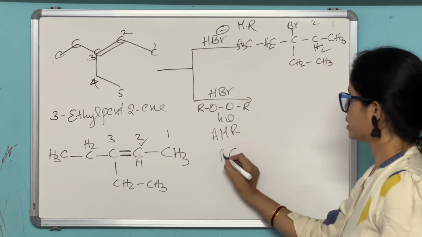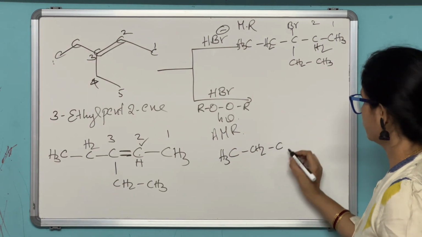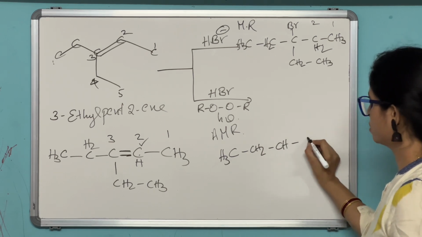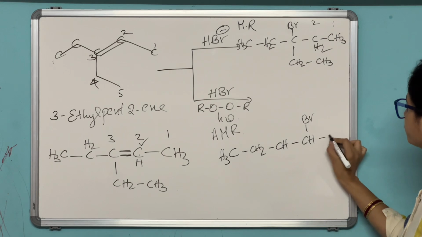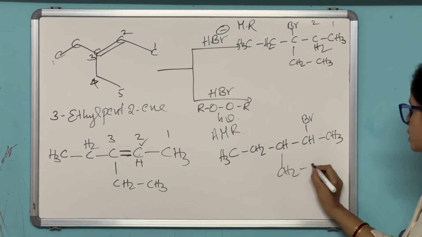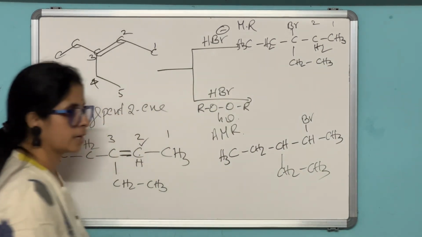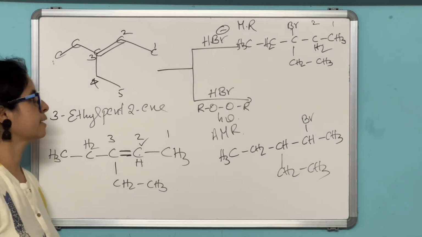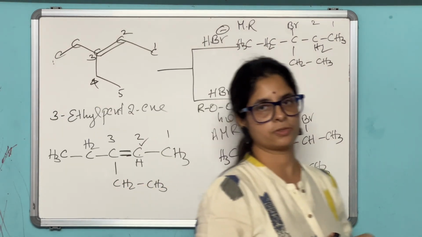So CH3, CH2, CH, CH Br, CH3, and here is your CH2, CH3. Okay, this is known as the peroxide effect, Kharasch effect, or anti-Markovnikov's rule.